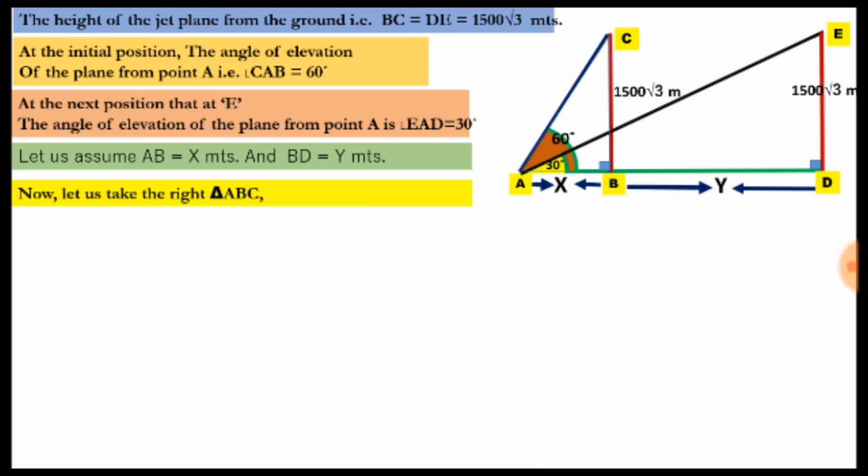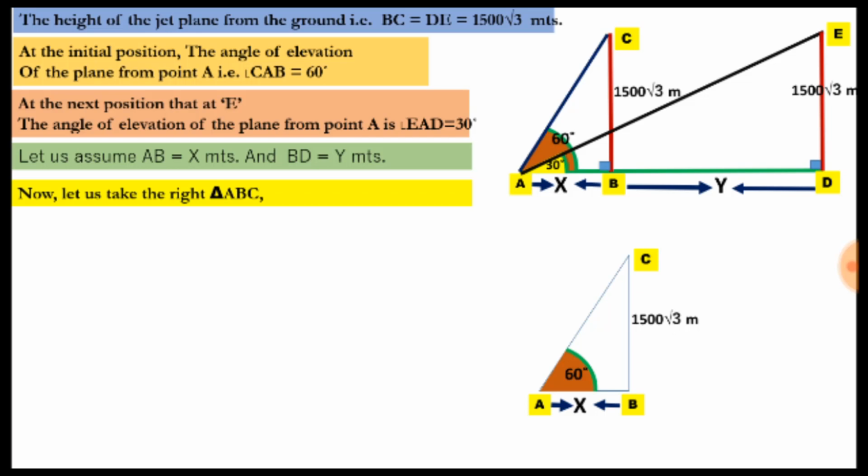Now let us take the right triangle ABC. In this triangle, the given angle is 60 degrees at point A. For the given angle 60 degrees, we have the opposite side BC, which is 1500 root 3 meters. And we need to find AB equals x meters, which is the adjacent side to the given angle 60 degrees.